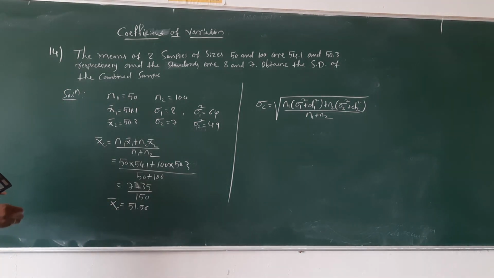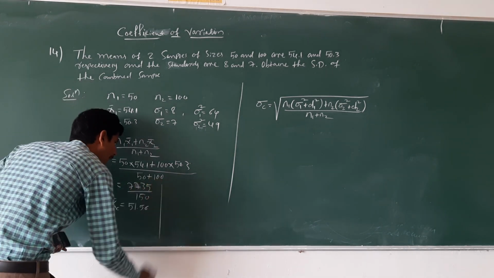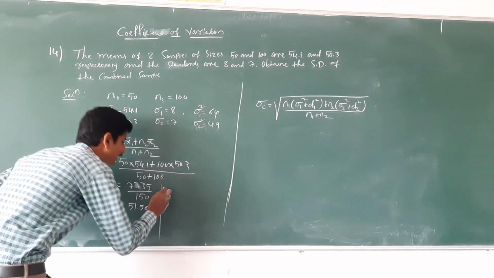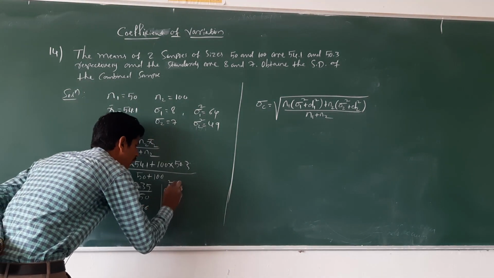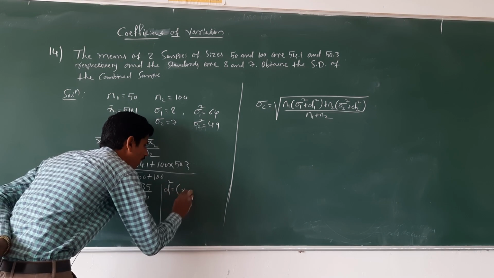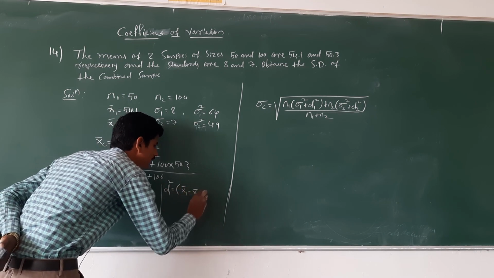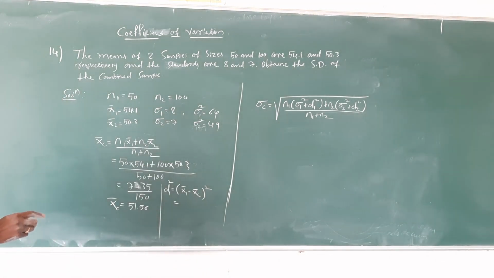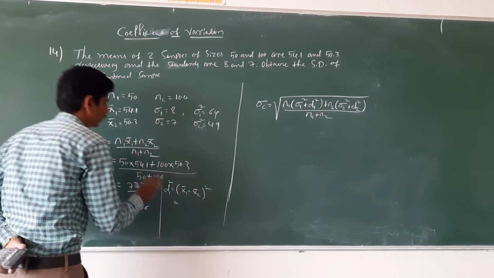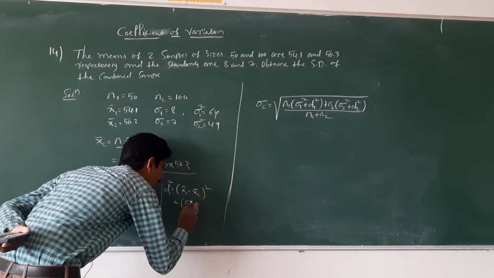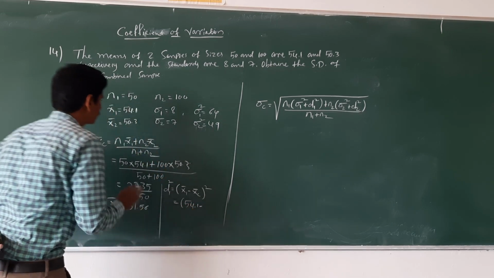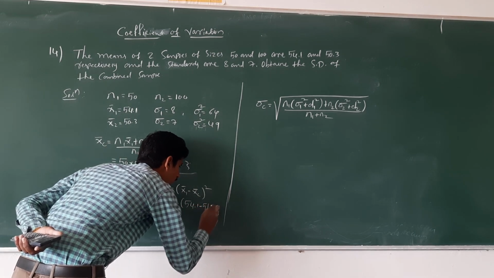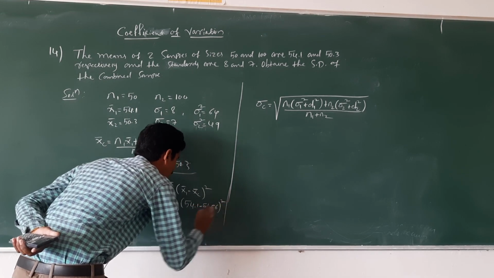Okay, next we want what? d1 square and d2 square values. Here d1 square equal to (x1 bar minus x bar c) whole square. Here x1 bar is what? 54.1 minus x bar c value 51.56 whole square.